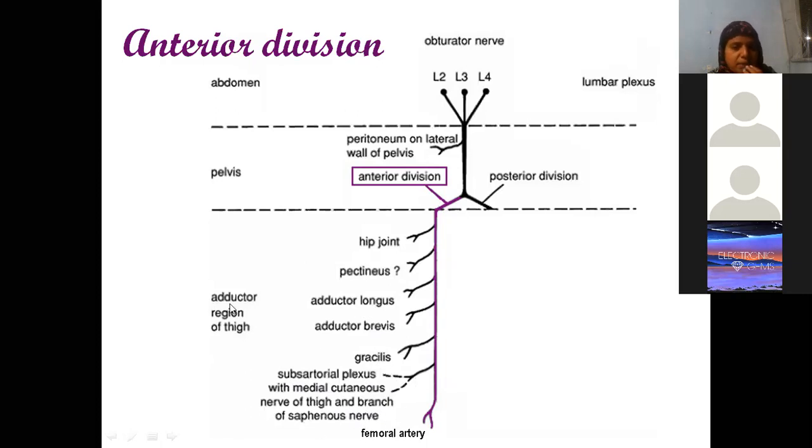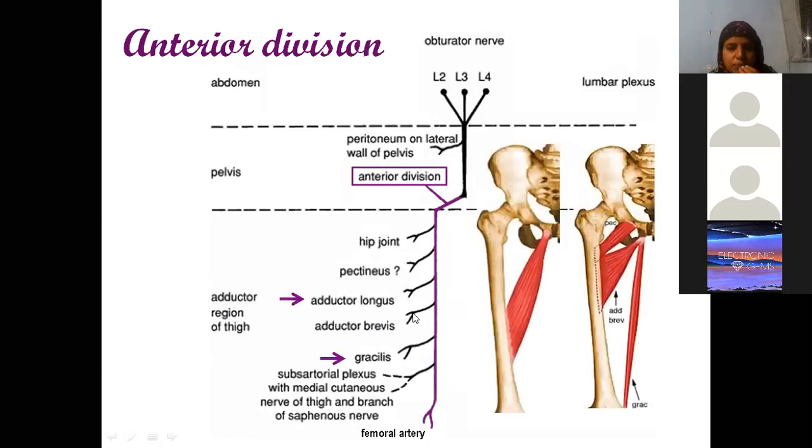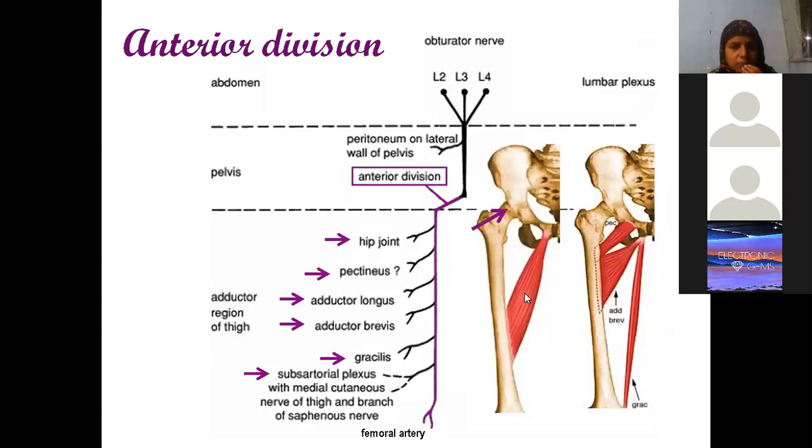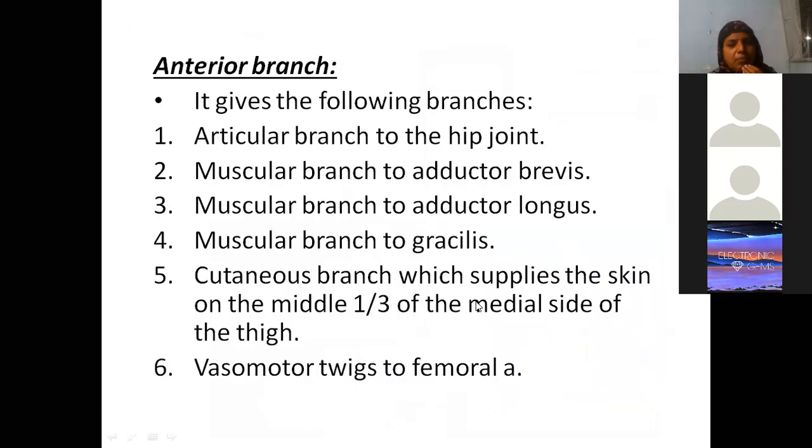So the anterior division is supplying all the muscles shown: adductor longus, pectineus, adductor brevis, gracilis. This is the medial compartment of the thigh. It is also supplying the hip joint.